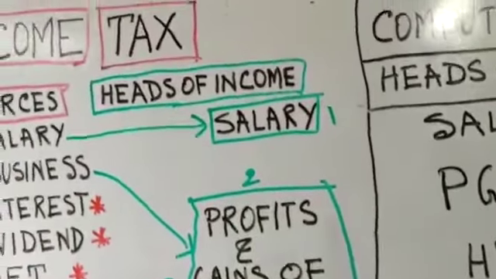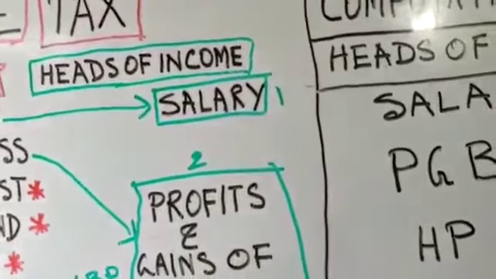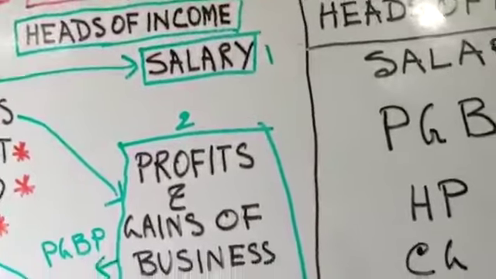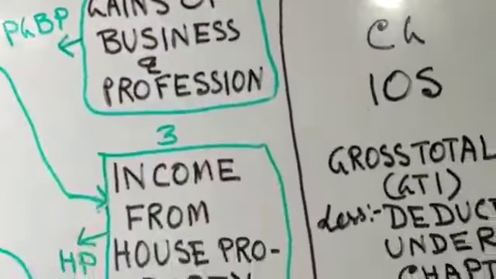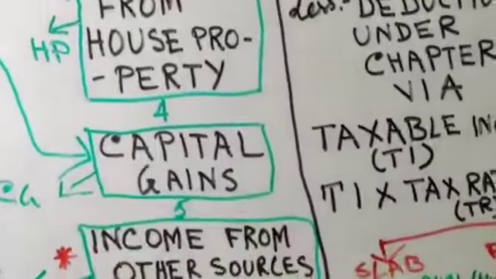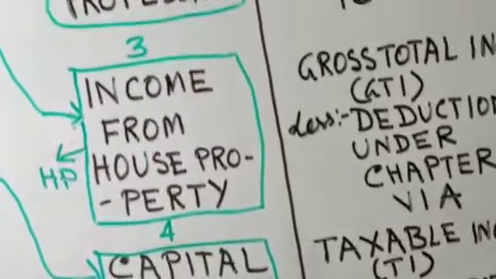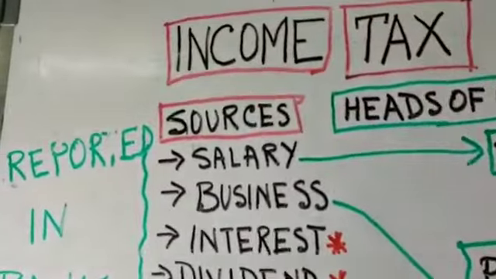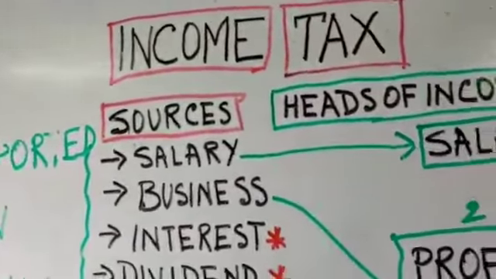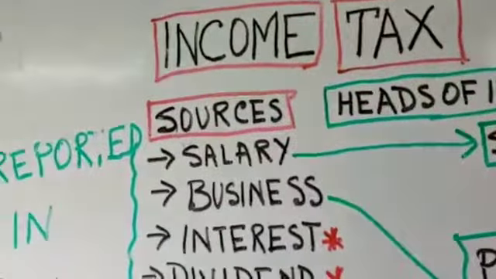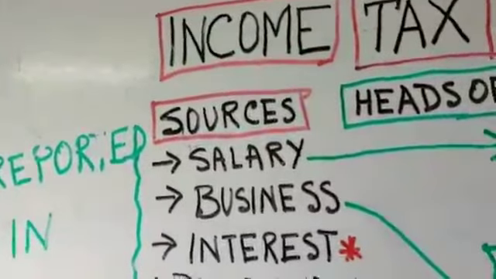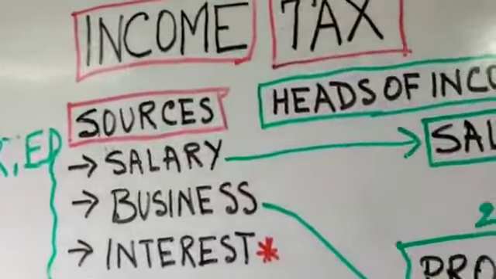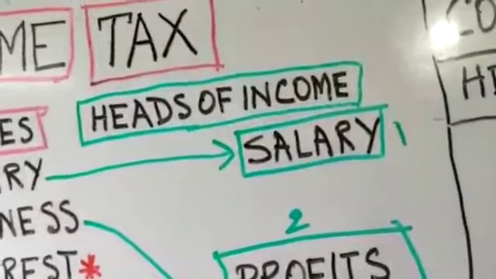So for all the 5 heads of income, salary, PGBP, income from house property, capital gains, income from other sources, we need to arrange my sources of income into the respective heads. Just like if my source of income is salary, it will be classified under the head of income salary.